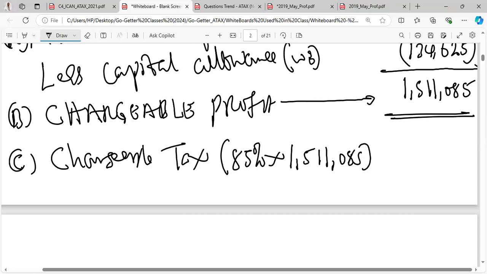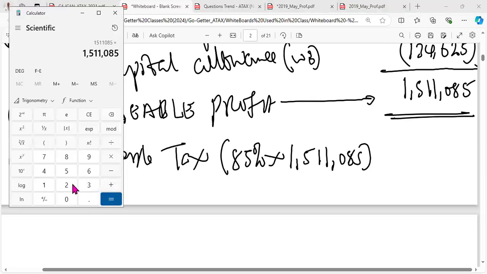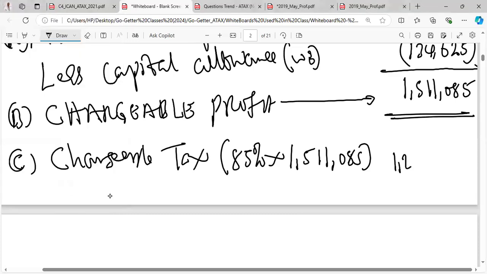So let's look at that. Multiply by 0.85, and that gives you 1,284,422. That's your chargeable tax.